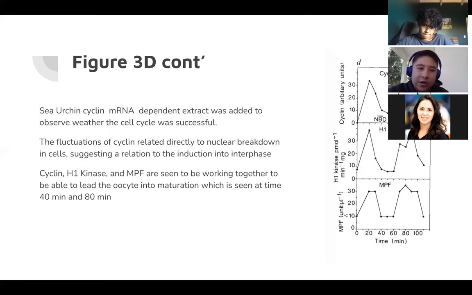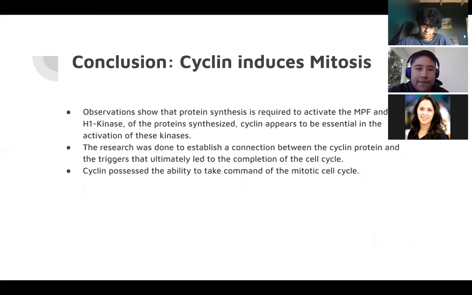So moving on to our conclusion. Our conclusion derived from the article pretty much consists of confirming the role that cyclin plays in the activation of both H1 kinase as well as the MPF, the maturation promotion factor. Based on the data from the study, we can see that cyclin follows an oscillatory pattern that moves in conjunction with the nuclear breakdown.